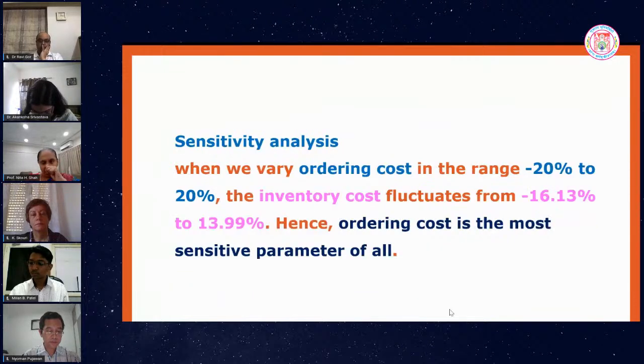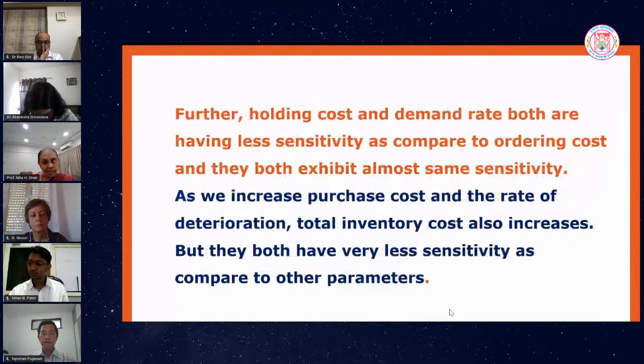And this is quite obvious because at least in India, we are observing that transportation costs, in the sense petrol and diesel prices, are fluctuating every day. So total ordering cost will vary, and accordingly total inventory cost will vary. Further, holding costs and demand rate are both less sensitive as compared to ordering costs. So no doubt they are sensitive, but not up to the ordering costs, and they exhibit almost the same sensitivity.